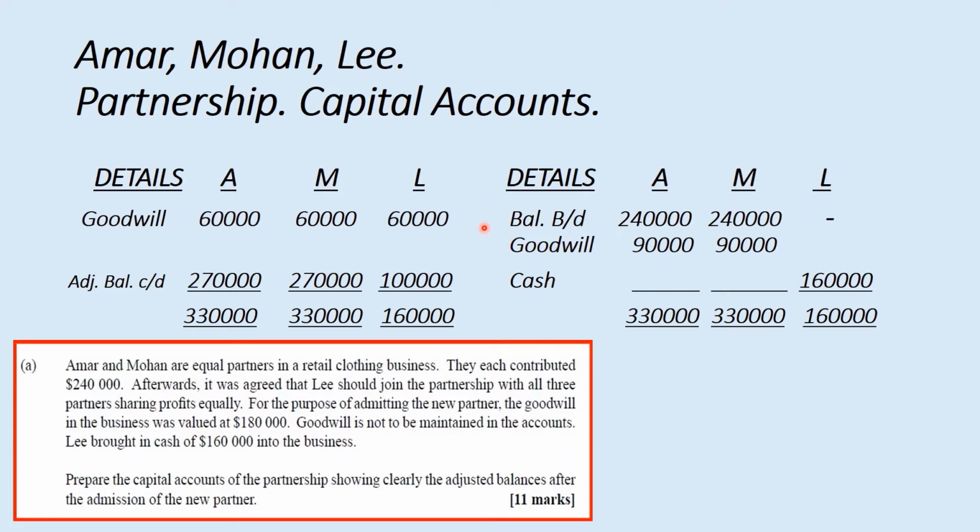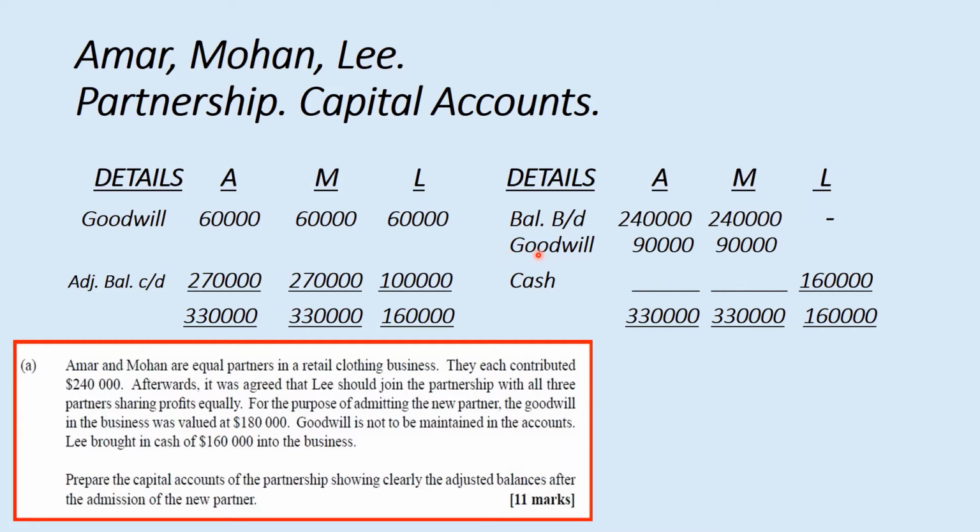The balance brought down is 240,000 and 240,000 to Amar, A for Amar, and M for Mohan. L is for Lee. Lee was not in the partnership at the beginning, so he does not have any capital here to bring down. So only Amar and Mohan.